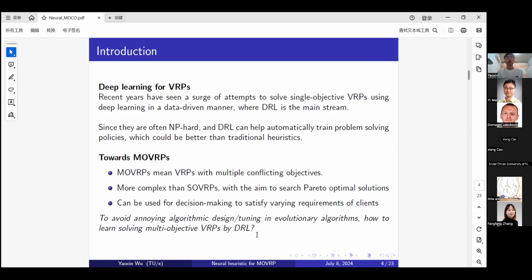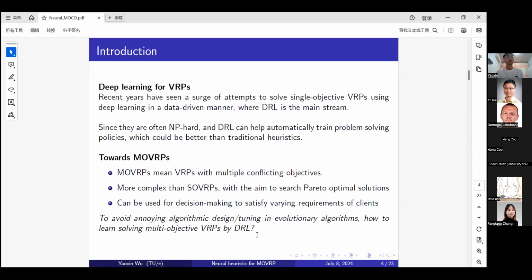But for heuristic or meta-heuristic methods, you often need some domain expertise or trial and error to tune your heuristics, such as the hyperparameters, or you need to choose which operators to use in your algorithm to make it achieve very good performance.